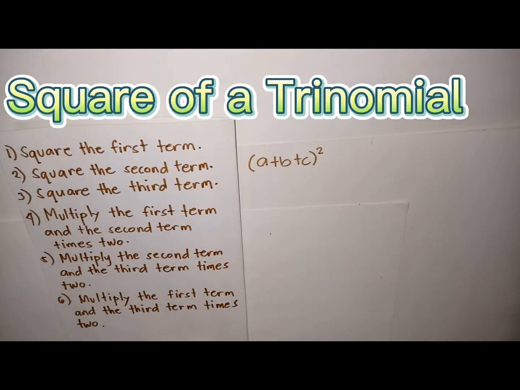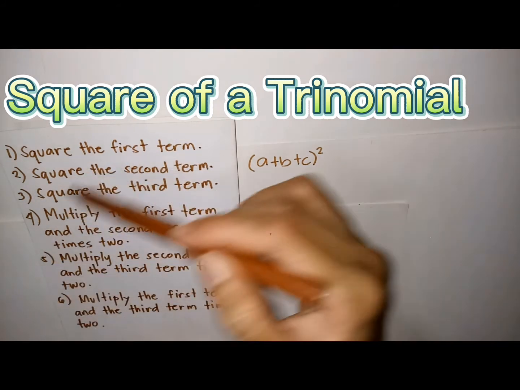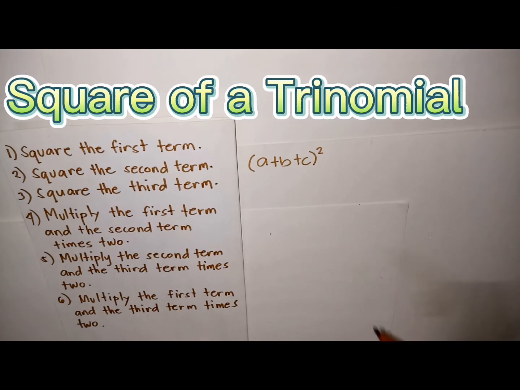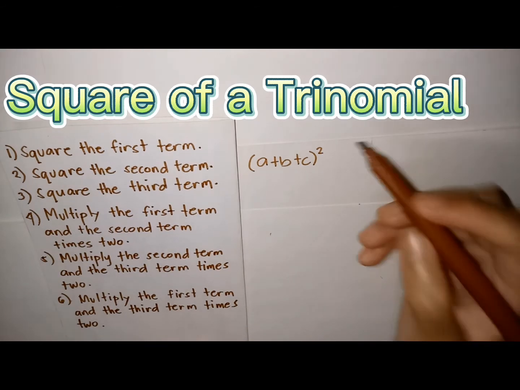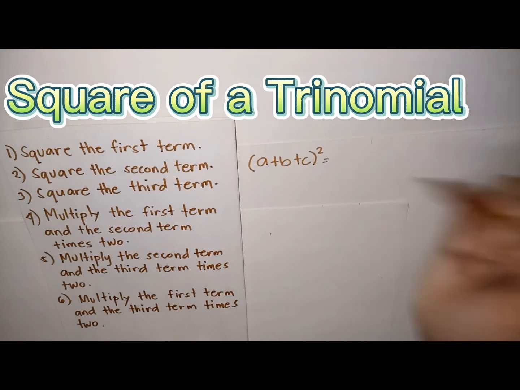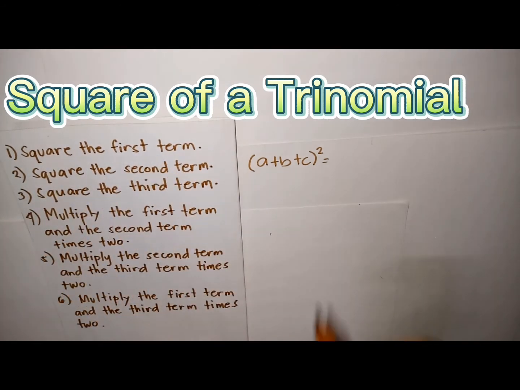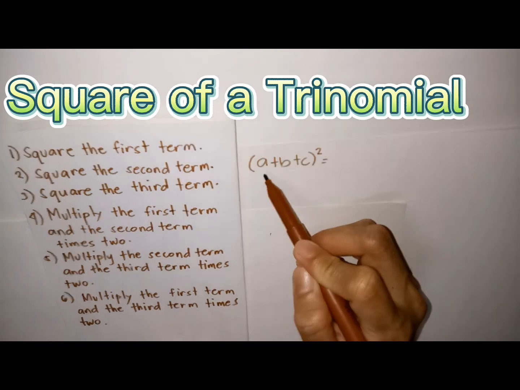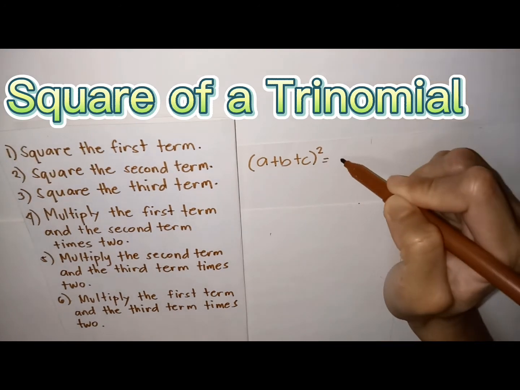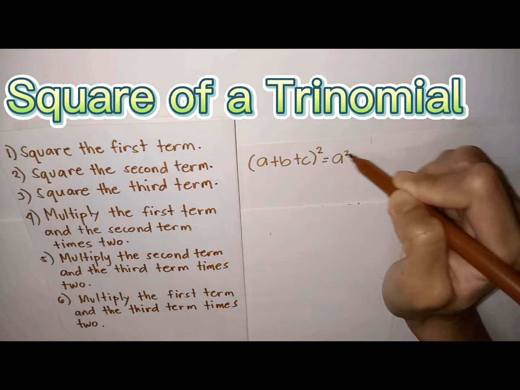Of course, you can do the distributive property to solve for the answer, but we have here 6 steps to solve it quickly. So let us do the first step. First step is square the first term. So our first term is a squared, that is a squared.